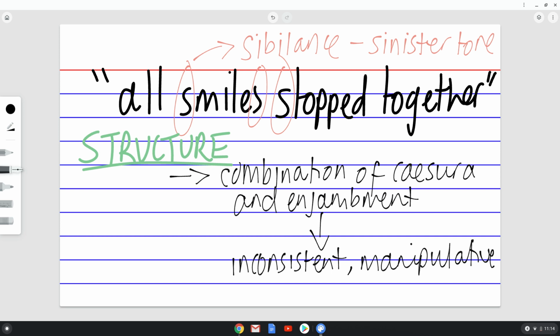Furthermore, from a structural point of view, Browning uses caesura and enjambment, and they work against each other to really present this inconsistent rhythm, which kind of shows that he's a manipulative character because he doesn't let his emotions just flow out, which would be pure enjambment. He has these stops in the middle where he's clearly thinking or overthinking what he's about to say. And all of that would come just from this card, okay?